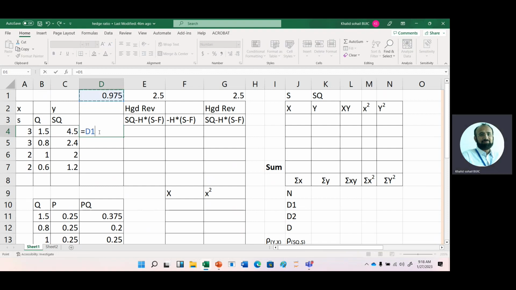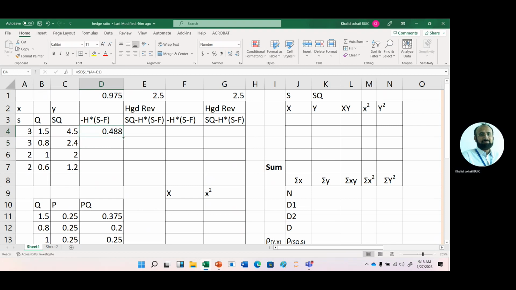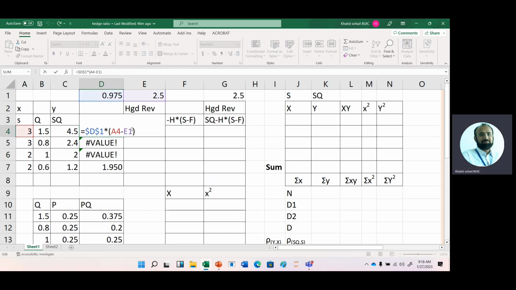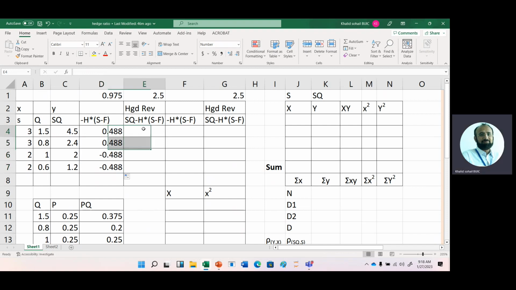For example, we have this number of contracts multiplied by spot price minus forward price. We assume that our forward price is 2.5. And then just fix this price, F4, and then copy it down. Now, for example, our hedged revenue would be this one, SQ, minus this one.